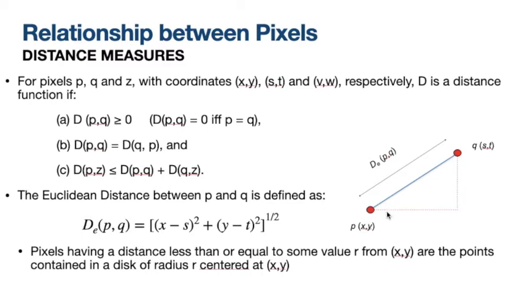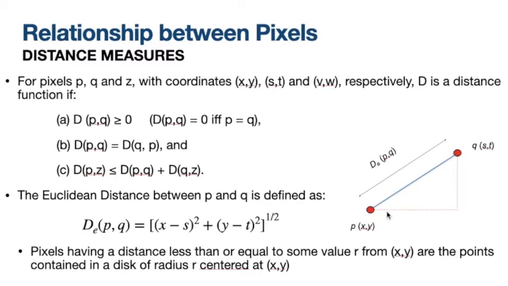Okay, so if we have a pixel (x, y), all the points with a distance less than or equal to r are points contained in a disk of radius r centered at (x, y).